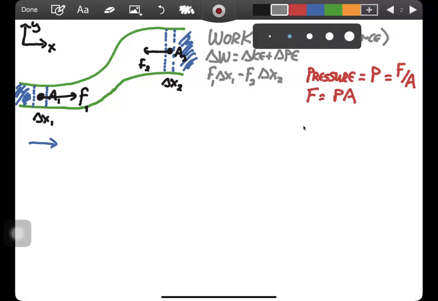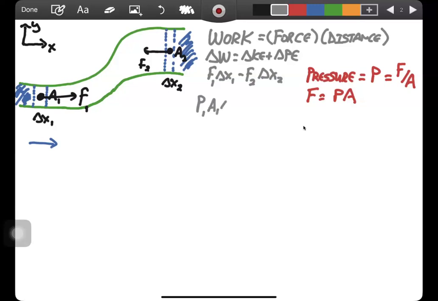And so what that allows me to do now, going back to my change in work, is I can say that P1 A1 delta X1 minus P2 A2 delta X2 is equal to the change in kinetic energy plus the change in potential energy.